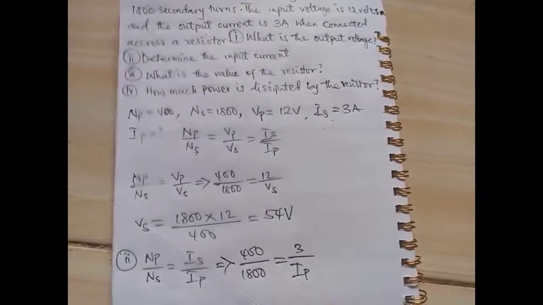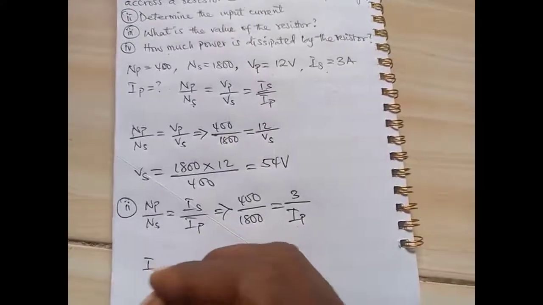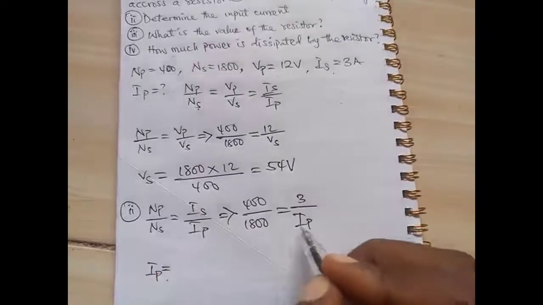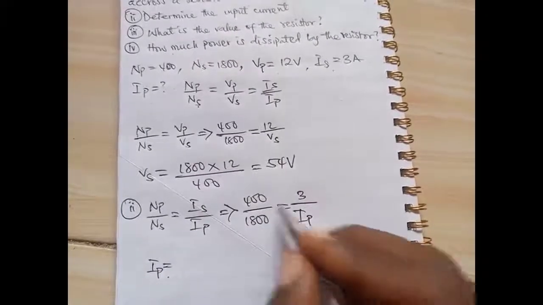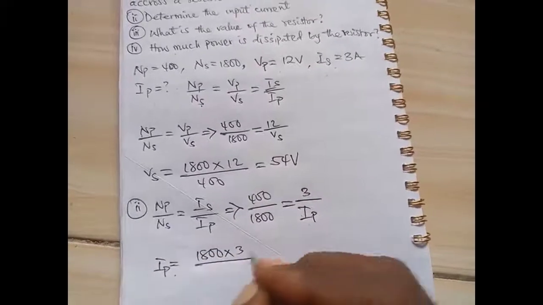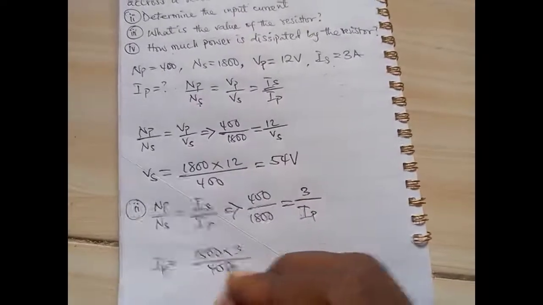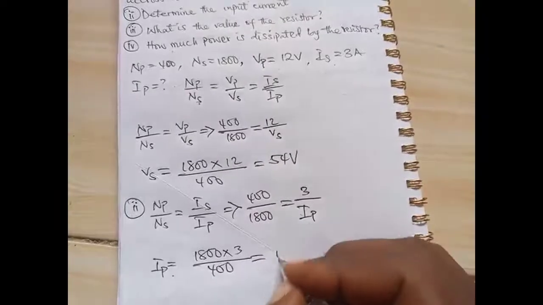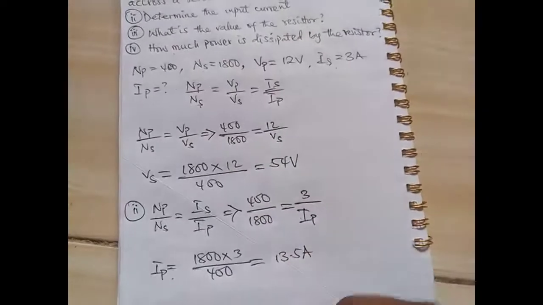If we make Ip the subject of the formula, our Ip will be equal to 1800 times 3 divided by 400. If we compute that, we get 13.5 ampere.